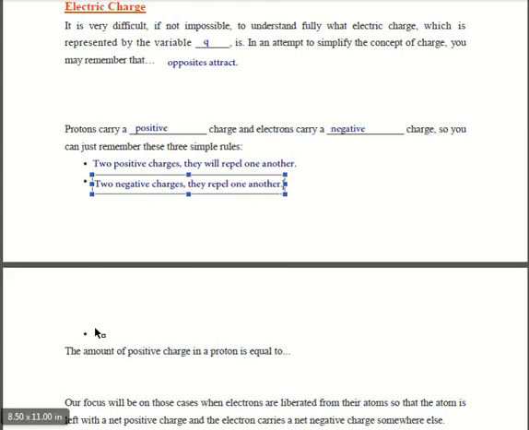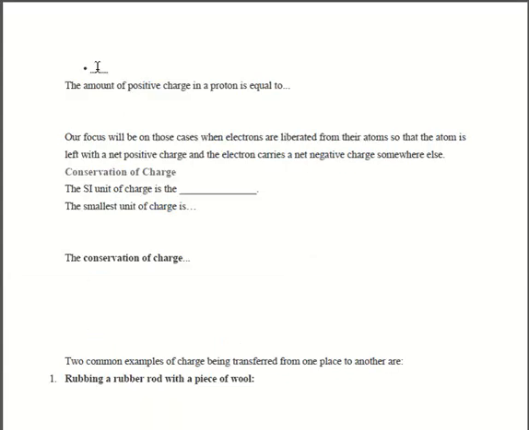The only time that you can get an attractive force between 2 charged objects is when you have opposite charges. So a positive charge and a negative charge will attract one another.